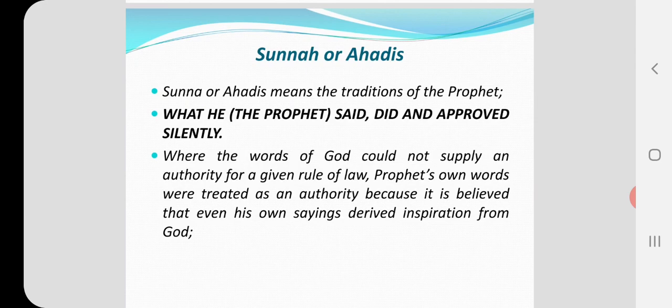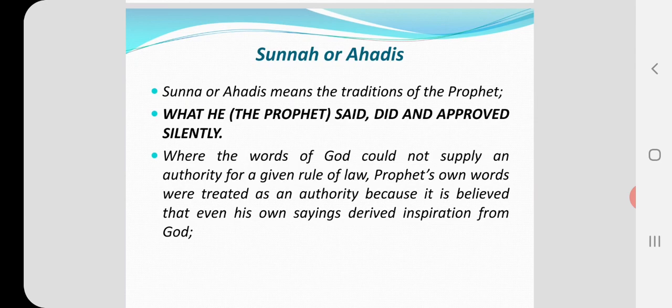Now anybody may ask, what is the meaning of Sunnah or Ahadis? Remember, there are compilations of Ahadis, and I have given the name of a few very famous compilations in these slides.